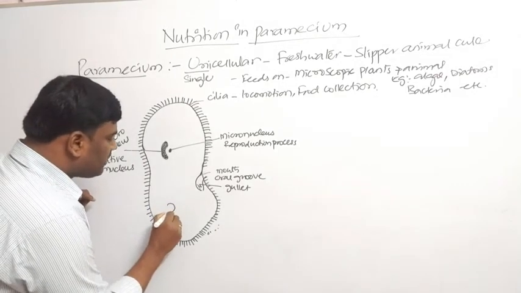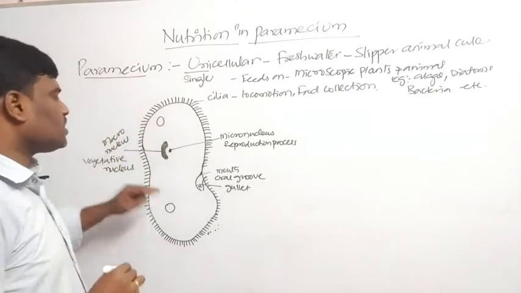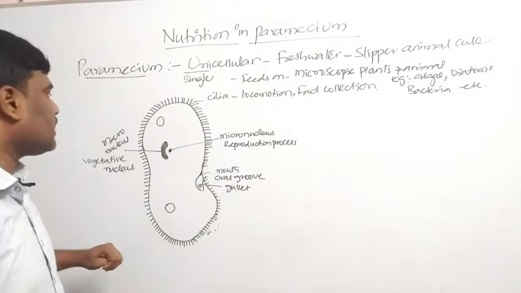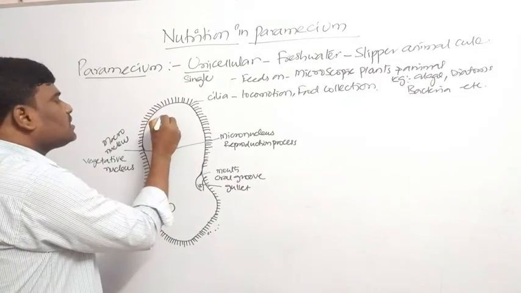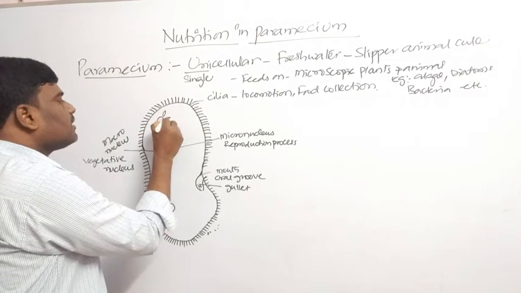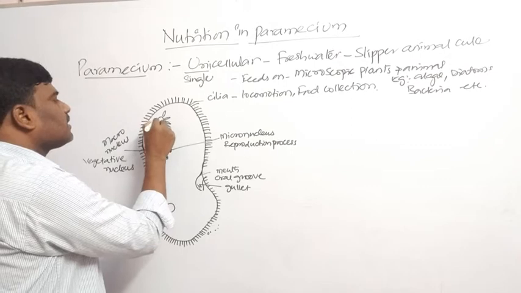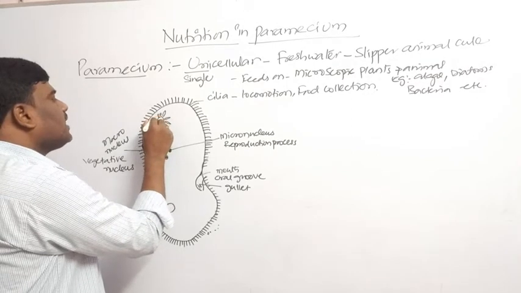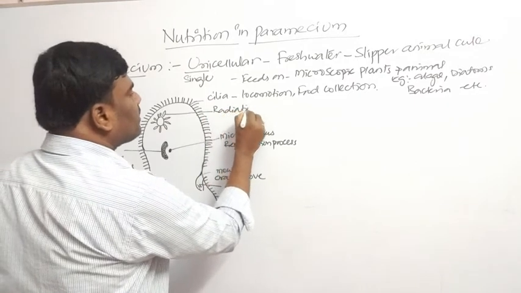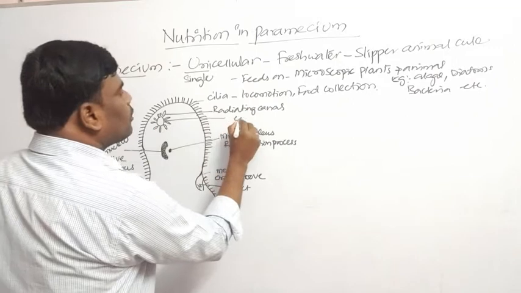There is a contractile vacuole in the anterior side as well as what, children? Posterior side. This is the anterior side and this is the posterior side, children. And to these contractile vacuoles, there are certain canals, children. They are called radiating canals. So this is radiating canals, and this one is what, children?